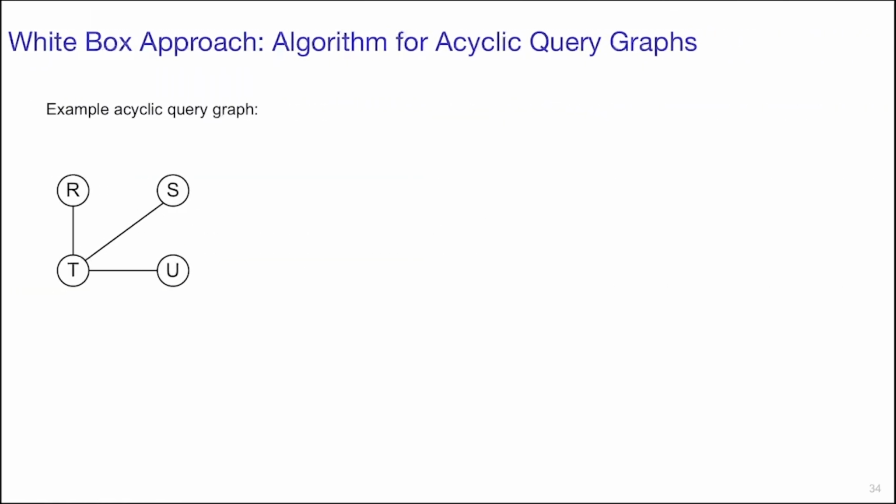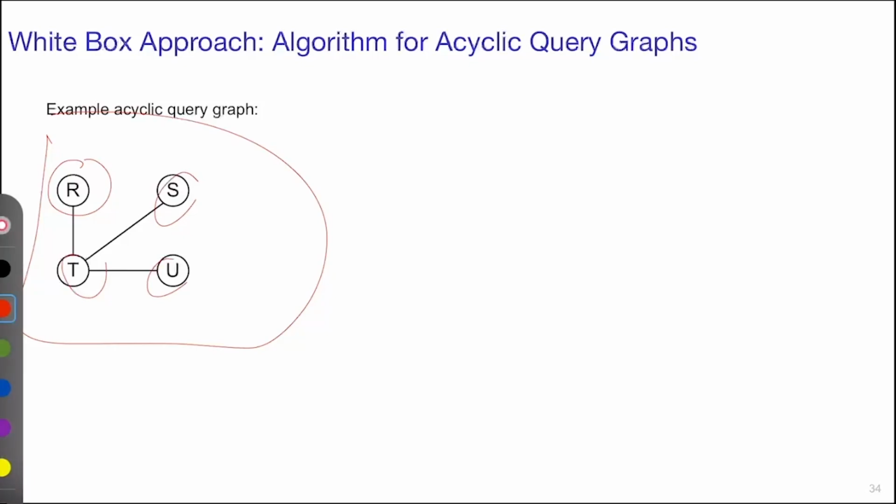How do you evaluate a query like that if you have acyclic query graphs? So a query graph is: you have your query, you specify a number of relations. Here this graph represents a query where there's one node for each relation mentioned in the query. So R, T, S, and U are the relations mentioned, and that is my query graph.